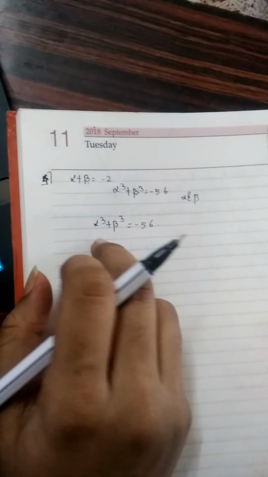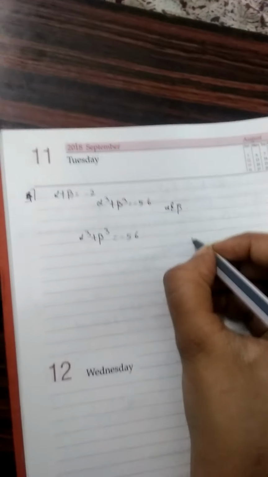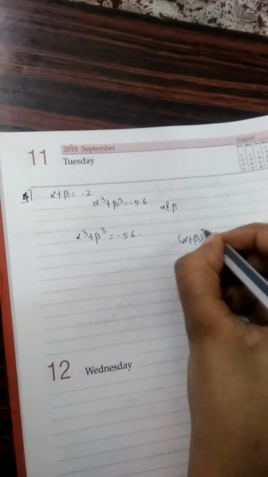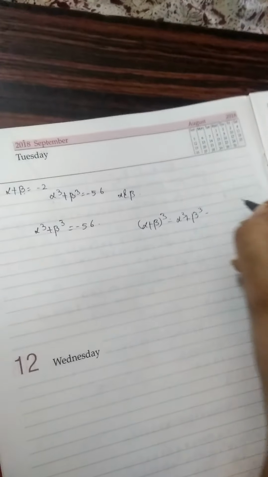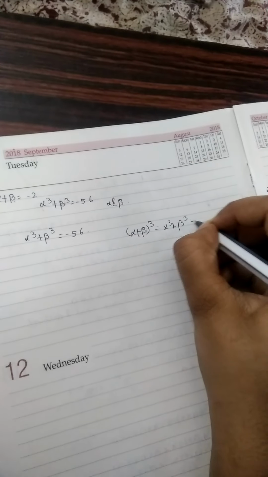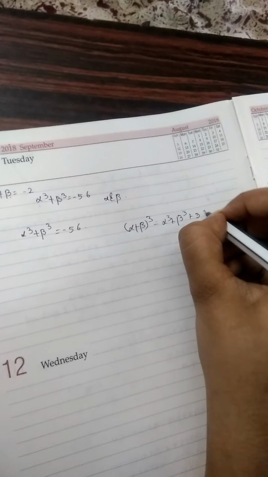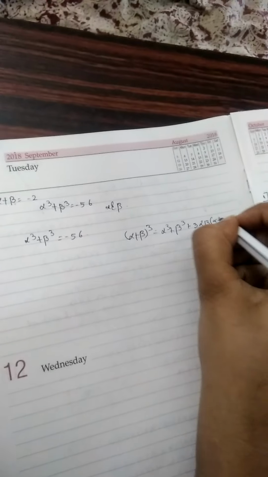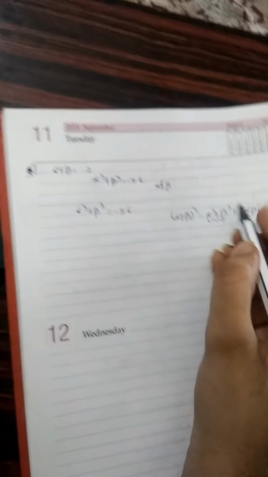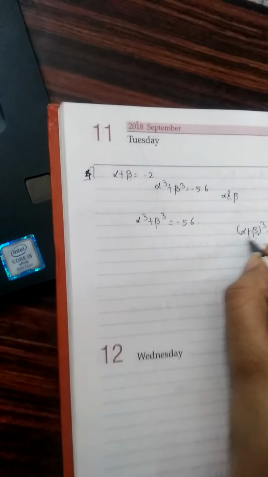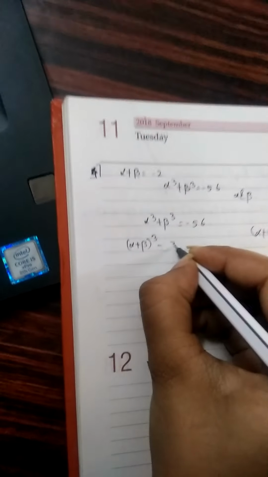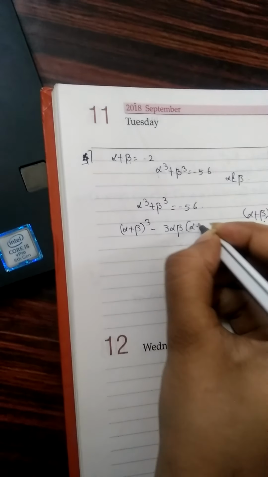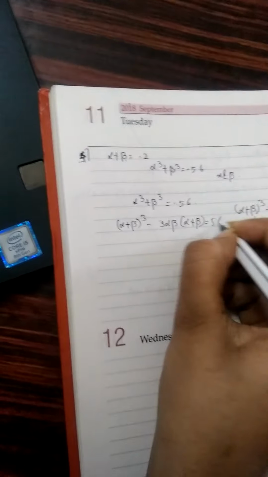As we know, (alpha plus beta) whole cube equals alpha cube plus beta cube plus 3 alpha beta into (alpha plus beta). So alpha cube plus beta cube equals (alpha plus beta) whole cube minus 3 alpha beta into (alpha plus beta), which equals minus 56.